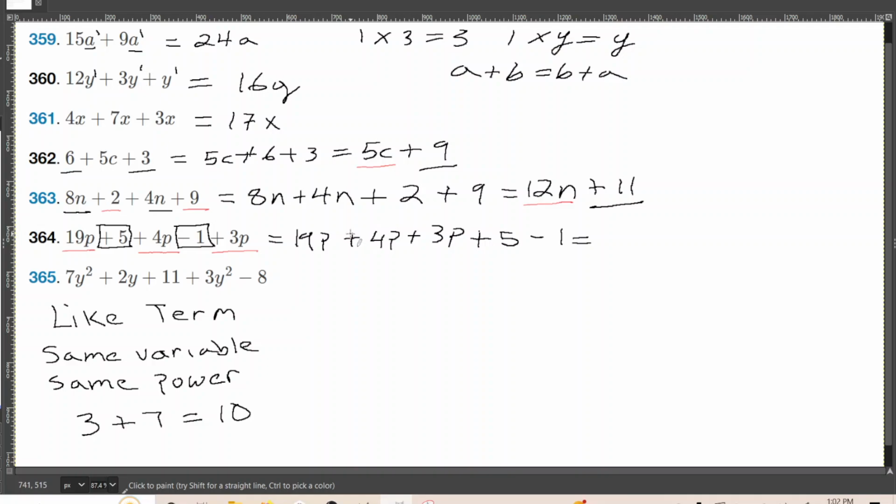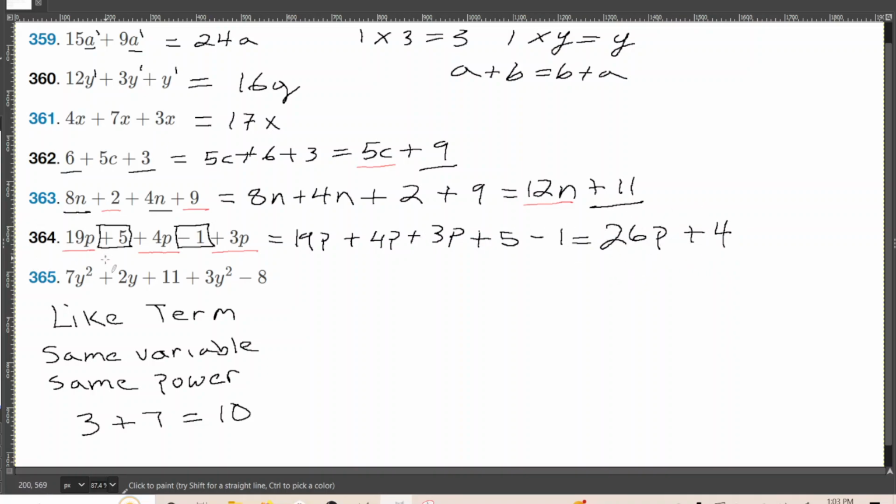The idea of combining something negative. So anyway, 19 to 20, 21, 22, 23, 24, 25, 26. So we have 26p. And then here we have 5 minus 1, which is 4. 5 minus 1 is positive 4, so I put a plus between it, okay?